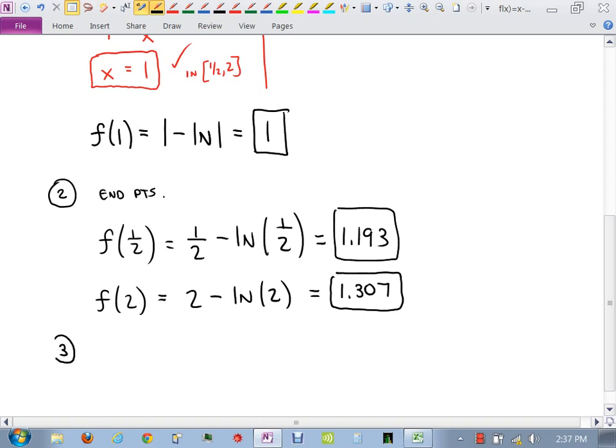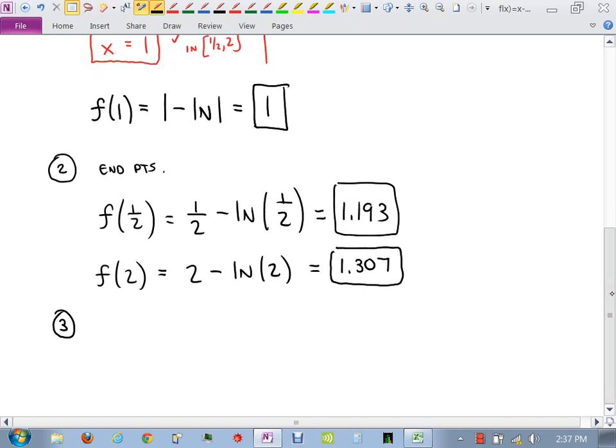Step 3 is to figure out your absolute max and min. So compare them. And we can do the comparison now because they're all on the page. Where's the absolute max? Or what is it? 1.3? This is my max. My min is what? 1?